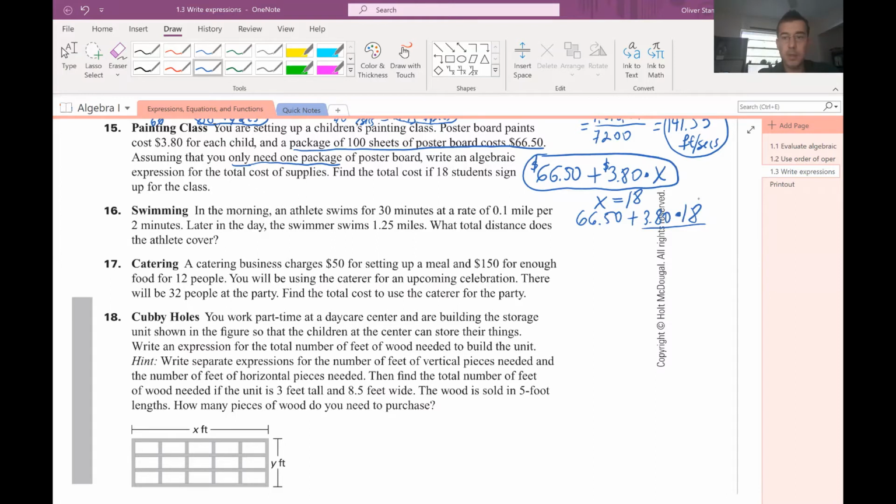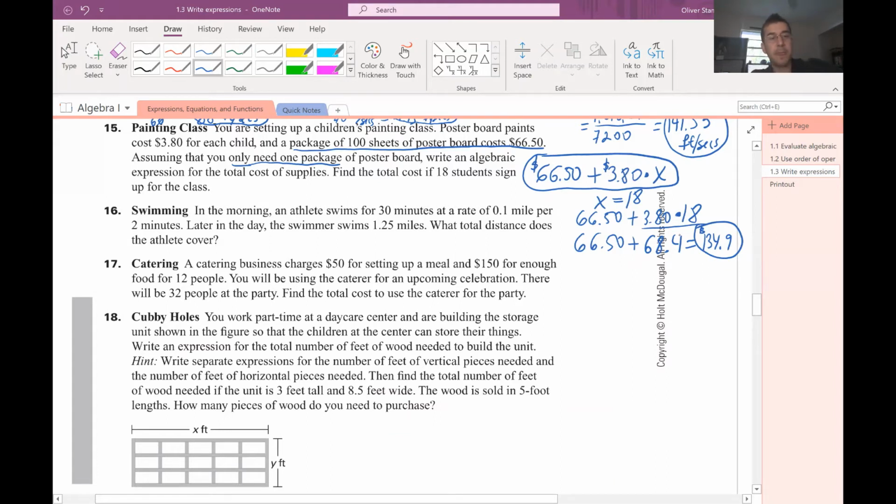We get 68.4. So this is 68.4, and this is 66.5. We add these two, and we're going to get 134.9 dollars. That's the answer for 15.